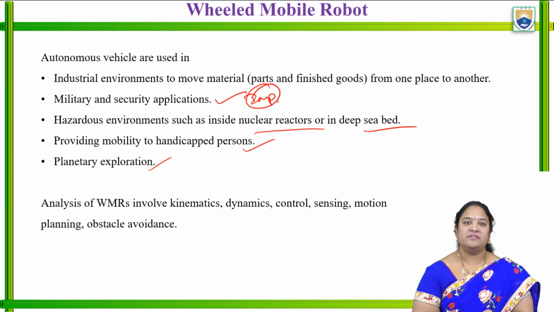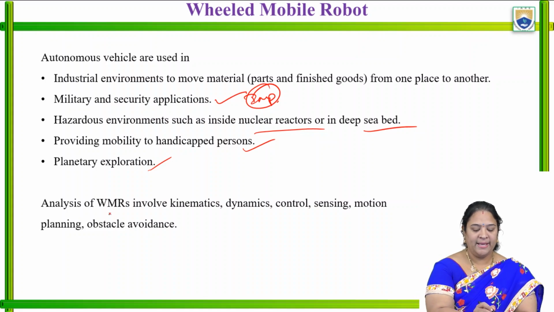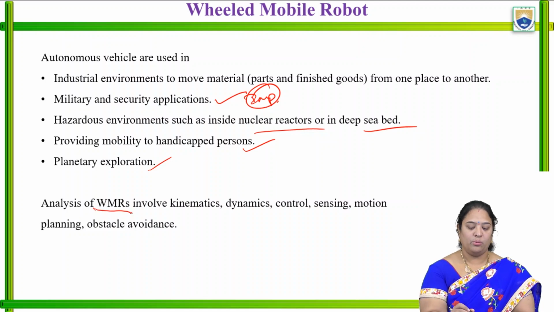So generally in the industrial environment, in military and security applications, in environments hazardous to people like a nuclear reactor or deep seabed, for handicapped persons to provide mobility, or in any area with planetary exploration, we can use the autonomous vehicle type of robot.